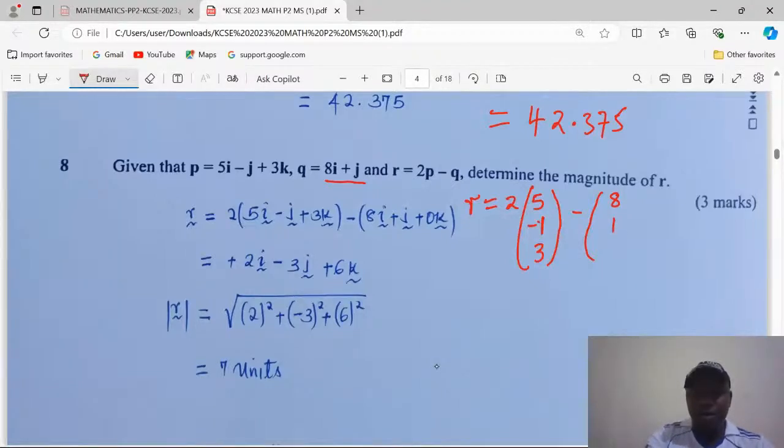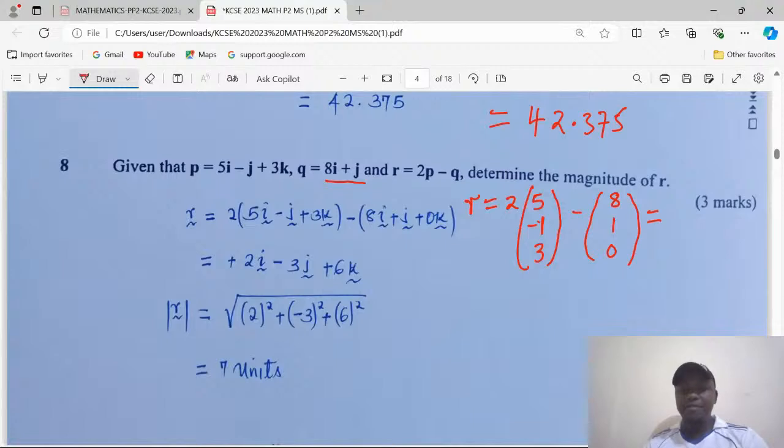Then, because the third axis is not provided, it means it's 0. So we can find this vector now: 2 by 5 minus 8, we get 2 units for the x. 2 by -1, we get -2, minus 1, you get -3. Then 2 by 3 is 6, minus 0, it remains 6.